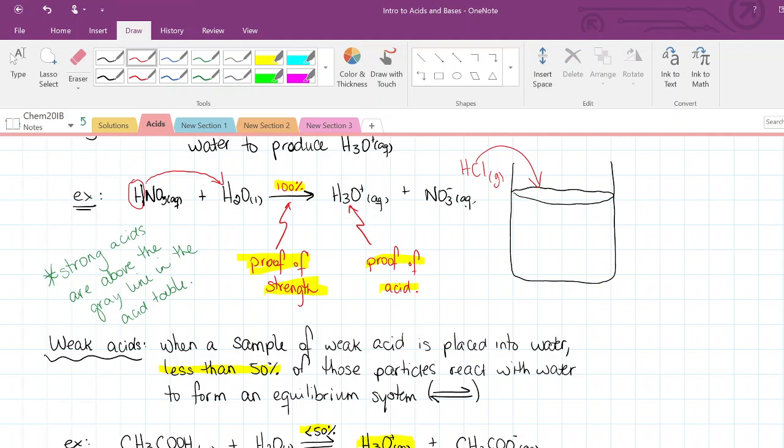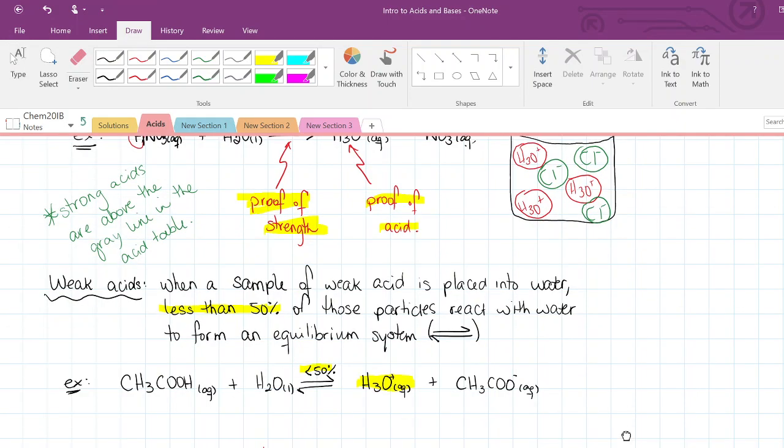The thing with your HCl is that 100% of it, the entire thing, all of what goes in there is going to undergo hydrolysis and produce hydronium ions and chloride ions. Everything that goes in there. The only thing we've got in there are ions.